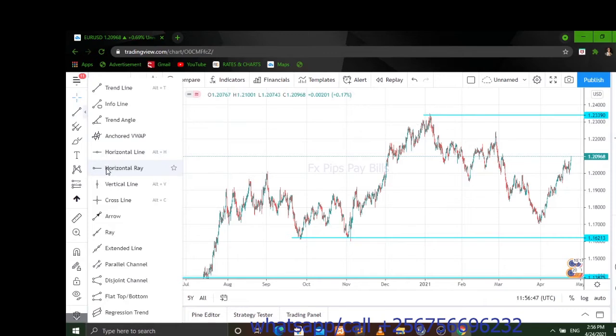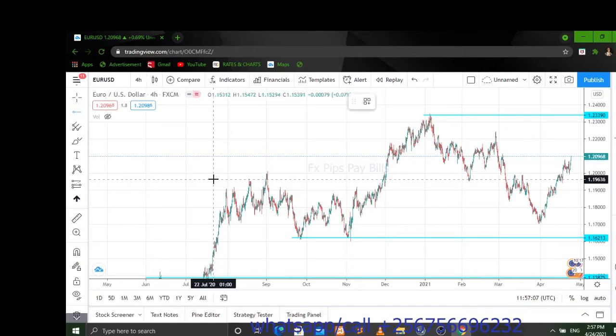Here I use rays most, not lines. If you're using TradingView, it is okay to use rays more than lines, because a ray will draw up to where you want, but a line will just go through the whole chart. If you are using your normal MetaTrader 4 on the broker, it is okay to use lines. The principle remains that you put the line where there are bounces.